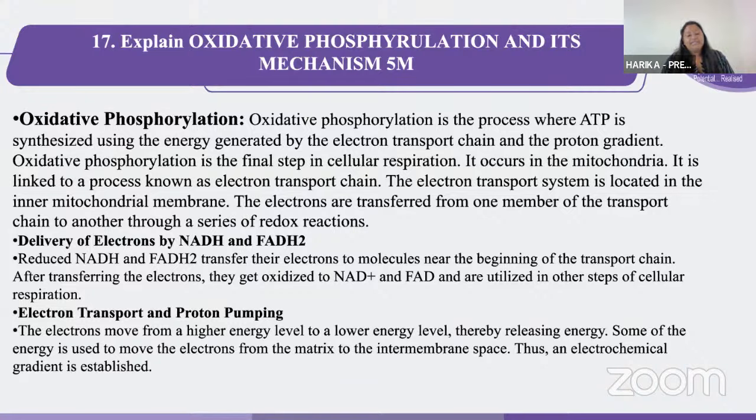That energy is used for moving the protons from the matrix into the intermembrane space. So when this is happening, an electrochemical gradient is produced at that time.